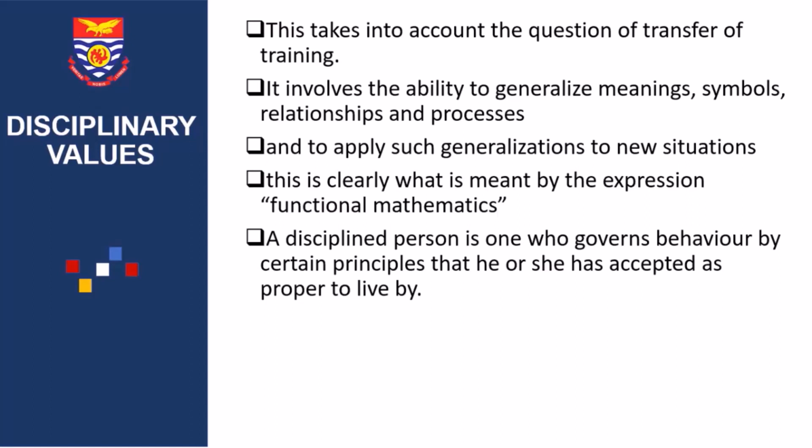So the values that one gets, which governs his or her behavior by certain principles, and he or she has accepted them as values, and it makes them transfer their training to solve new situations or to solve problems that arise in new situations. Then they are applying what we call the disciplinary values.